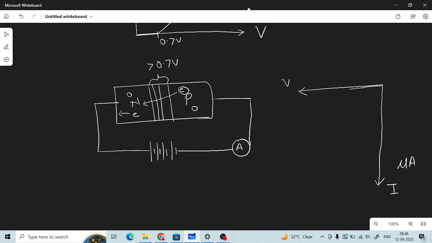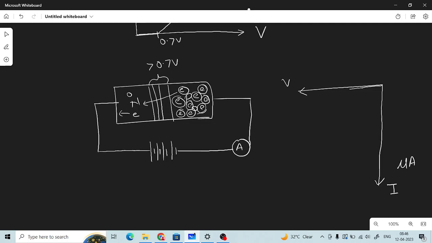But what happens if the electron is suddenly moving with very high potential? Now here it can get attracted very quickly. Even though there is a very high potential, this electron can strike on other, say, phosphorus atom or silicon atom, and then it can create more electrons. It can take out the electrons, and this is called the avalanche.